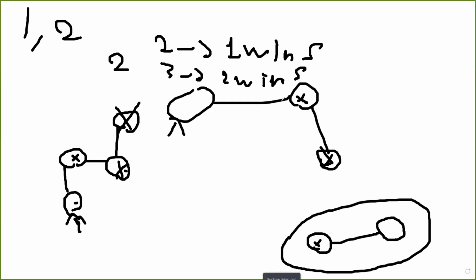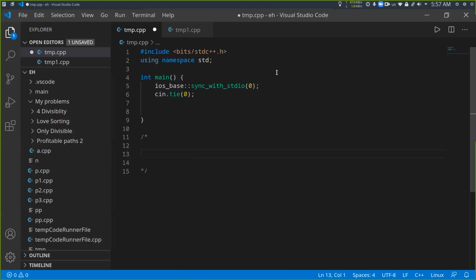So a good observation here is that if n is even, or actually if n minus 2 is even, and it's the same as n is even, then player 1 wins.